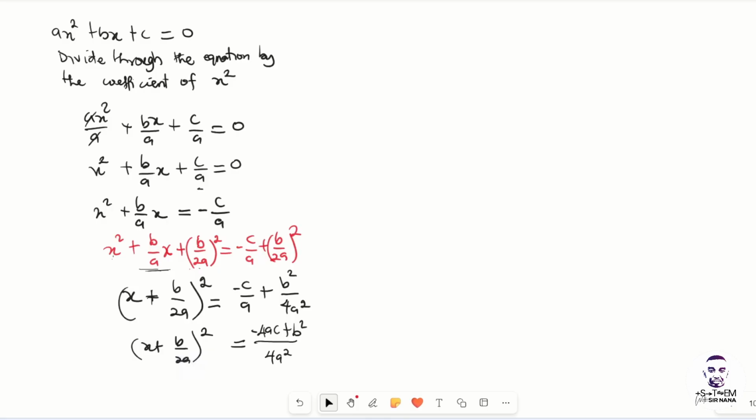Right, now we can write this as x plus b all over 2a all squared to be equal to, we bring the b squared first, minus 4ac all over 4a squared. So we want to eliminate the square, so we find the square root of both sides.